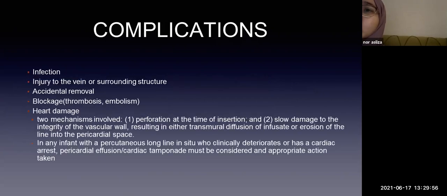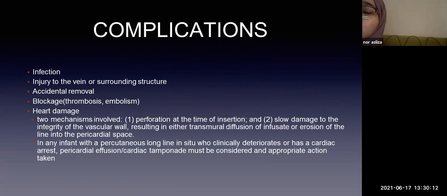Okay. There are several complications regarding this procedure, like infection, injury to the vein or surrounding structures, accidental removal, and blockage that can lead to thrombosis, embolism, and heart damage. Heart damage can involve two mechanisms.